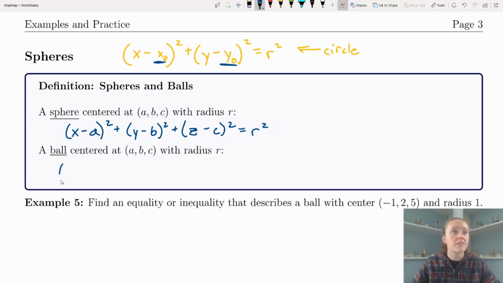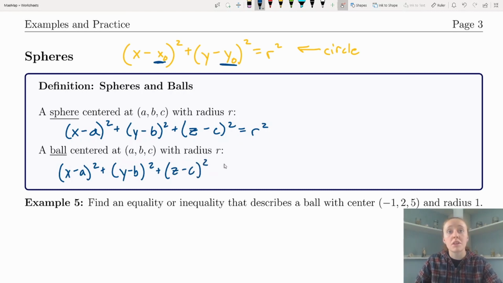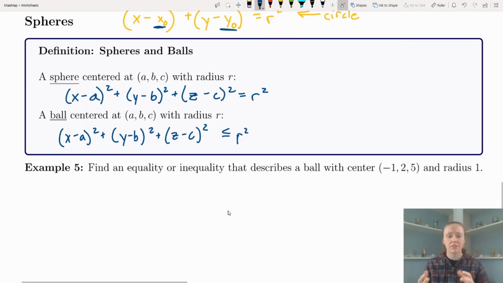So we're going to have the same formula essentially, x minus a squared plus y minus b squared plus z minus c squared, except now if I want everything contained within, a ball is going to be an inequality. So that's going to be less than or equal to r squared. So that's the only difference. So knowing our different formulas, let's go ahead and complete example 5.